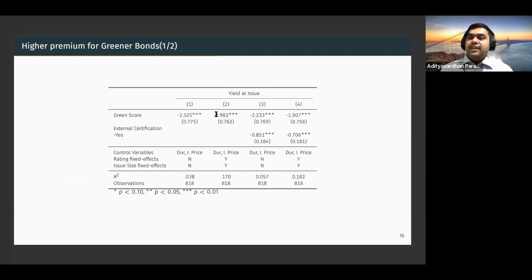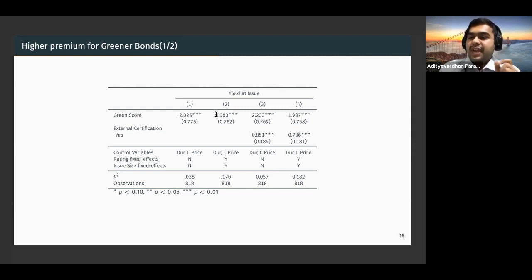So here we try to find out whether greener bonds have lower yield at issue. Consistent with our predictions, we find that as the green score increases, that is, as the use of proceeds gets closer to the benchmark green bond principles, we see a decrease in the annualized yield at issue for green bonds. The important point to note is that external certification also has a negative effect on yield at issue.